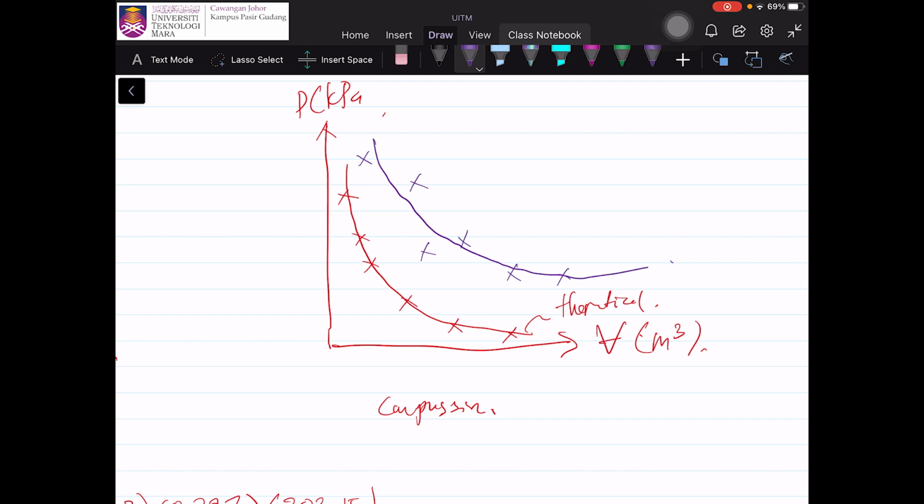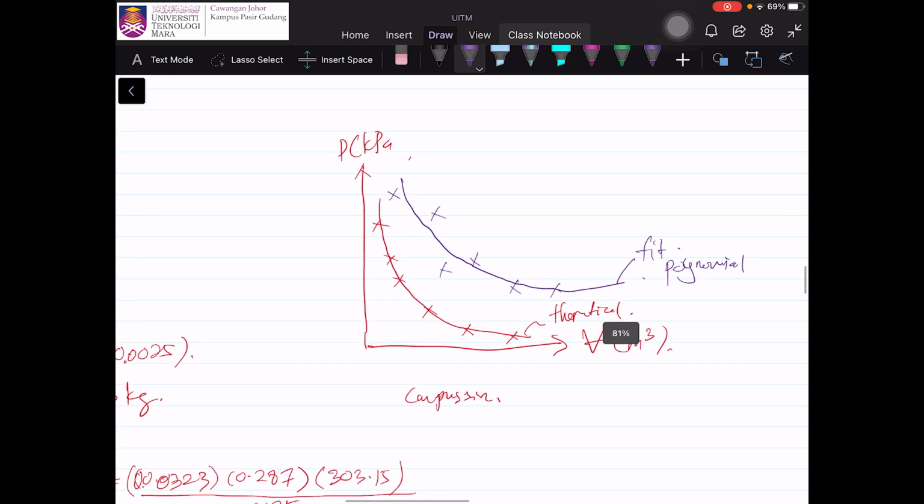When you draw this curve, you need to fit it using the polynomial fit. Then you get the right curve, and it must correspond with Boyle's law: if you increase the pressure, your volume will be reduced, and if you increase your volume, pressure will be reduced.